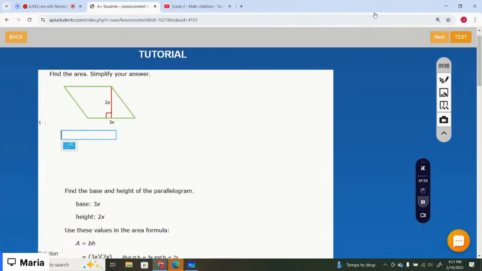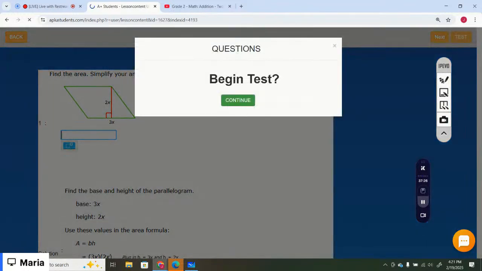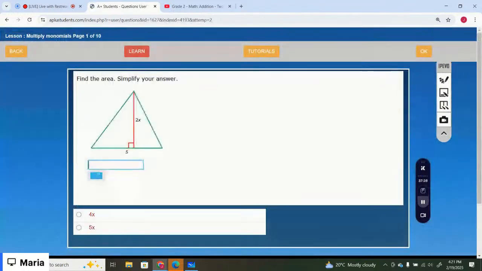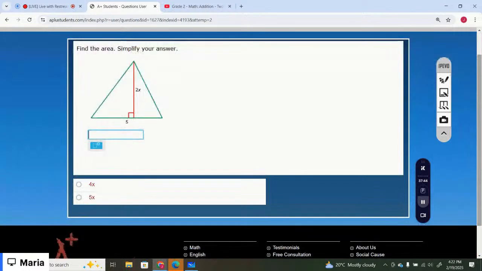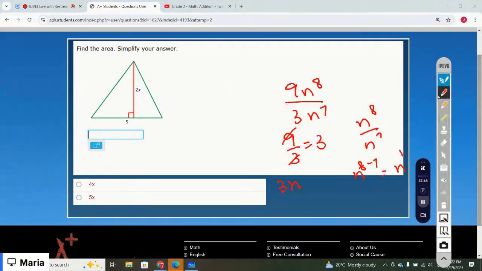Let's just start with the test questions. Find the area. Area of the triangle, that is a triangle, right?